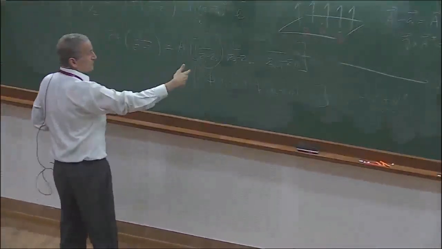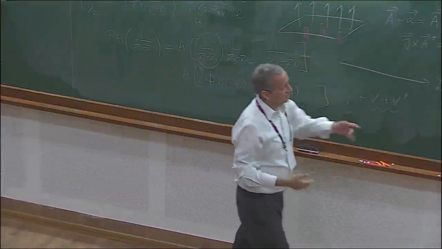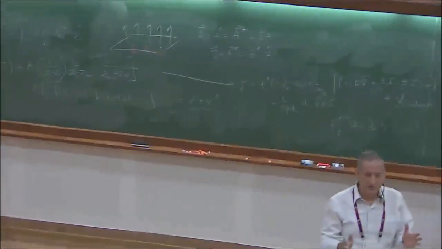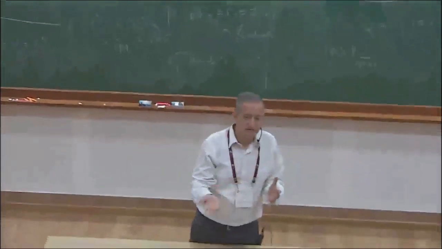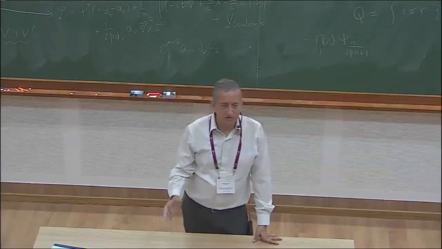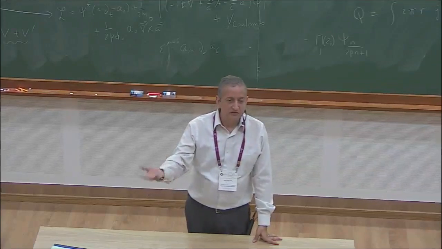In the transformed language, you do all the calculations, but then you have to transform back to the electron language, and there is a dictionary to convert all the resistances, resistivities, etc., into the resistivities that would be measured experimentally.